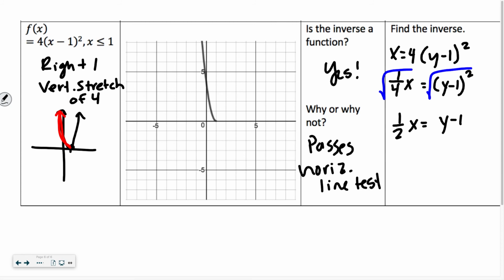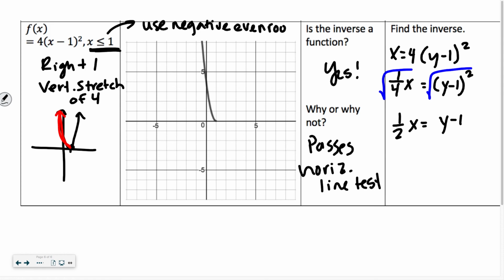So I'm going to get 1/2 x equals, and then I'll just have y minus 1. Now, normally we would put a plus or minus over here, right? But that would give me both sides of my function. Since this one says x is less than or equal, we're going to use the negative even root.